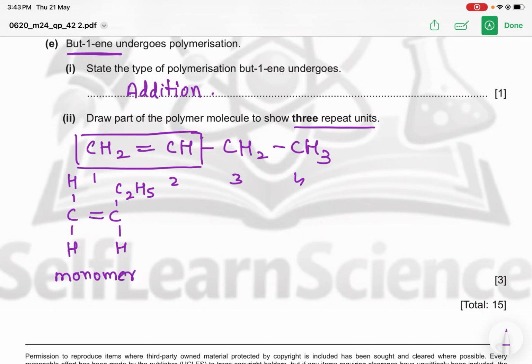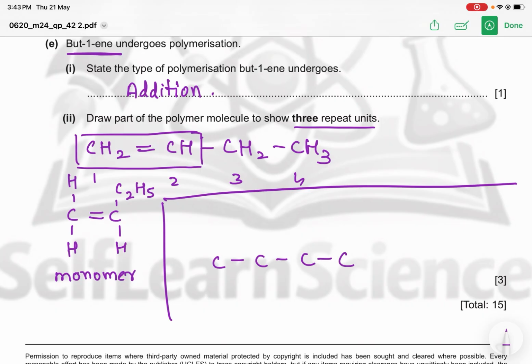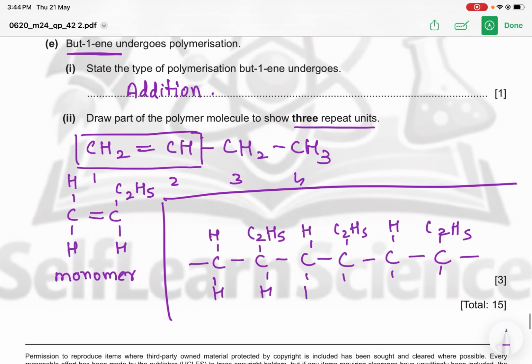I have to draw three repeat units of the same. Here this is my first unit, this is my second unit, this is my third unit. When they say we have to draw three units, in total there should be six carbon atoms, and bond extensions, and then I will draw the remaining groups here: H, C2H5, hydrogen, hydrogen, hydrogen, and hydrogen everywhere.